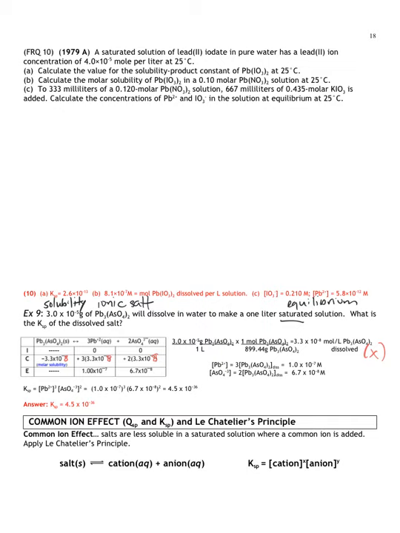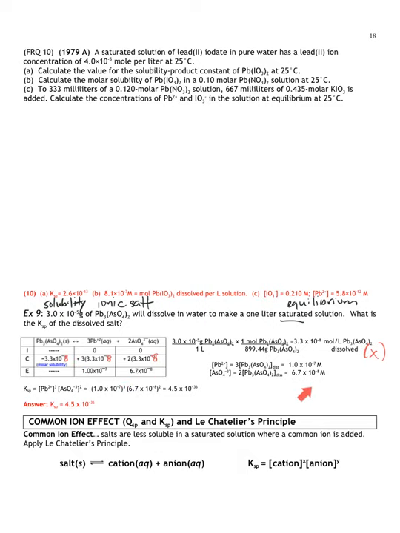Okay, so from there, you realize that it's 3 times the molar solubility to figure out the ions of lead 2+ at equilibrium, and it's also 2 times the molar solubility for the arsenate's concentration. So these are all the concentrations once you multiply these out, okay?